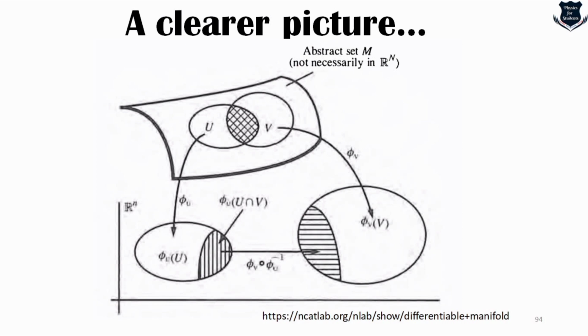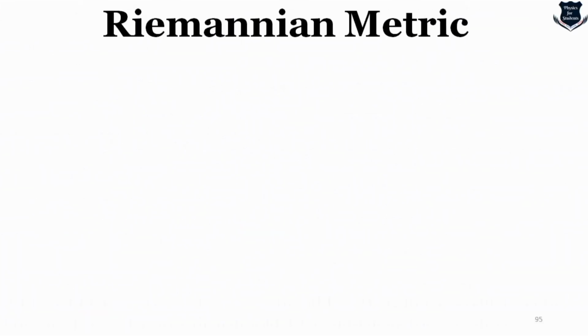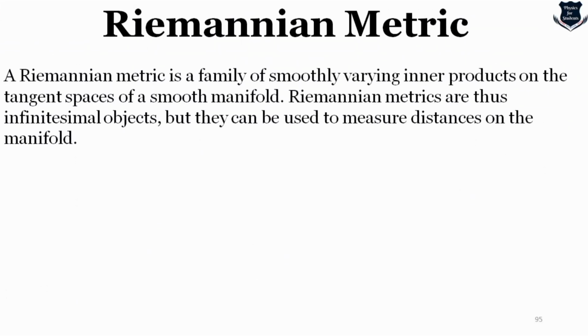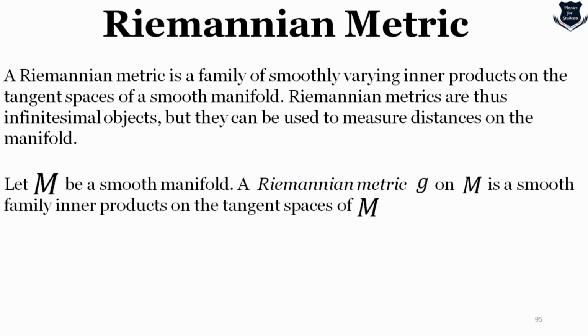This is a clearer picture, for which we have cited the site where I've taken it, and you can understand this is going here and here. Okay, so a Riemannian metric is a family of smoothly varying inner products on the tangent spaces, right? And these are used to measure infinitesimal objects, to measure distances. So if M is a smooth manifold, a Riemannian metric g on M is a smooth family of inner products on the tangent spaces of M. We take g as this one, right?